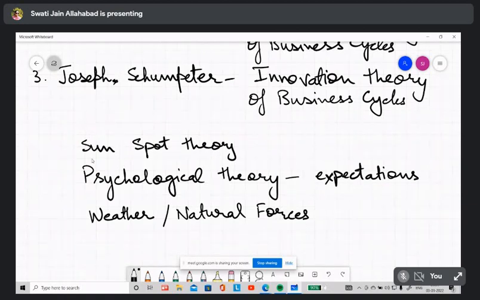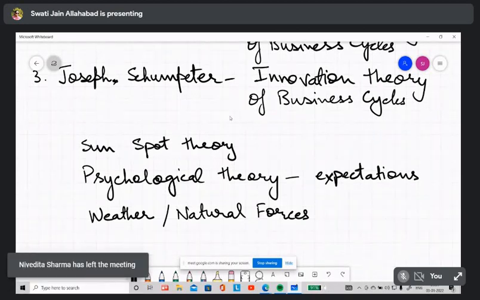So according to their psychological changes or physiological changes, they were involved in economic activities, and that's how maybe people tried to explain business cycles. So we are not going into much detail of all the traditional or the ancient history about business cycle, but we are talking about these three theories.